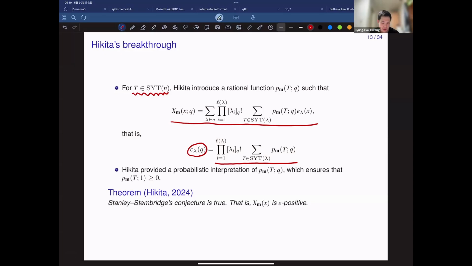Then he showed that this rational function is greater than or equal to 0 when q equals 1. Using this, Hikita proved that the Stanley-Stembridge conjecture is true.